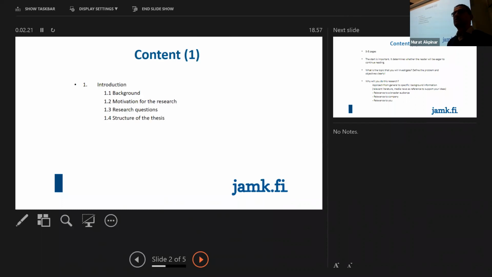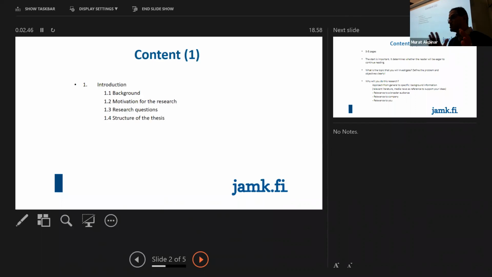After that, we come to the research questions. It's important that you present the research questions as a separate subsection, because then for the reader, it's easy to spot. And as readers, as evaluators, we are interested in finding your research questions as easily as possible, because that's all.